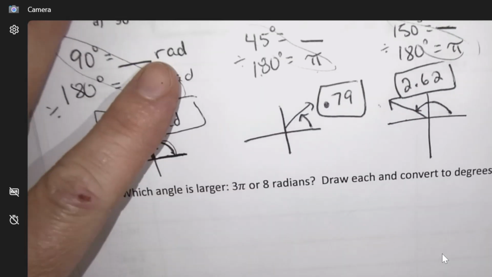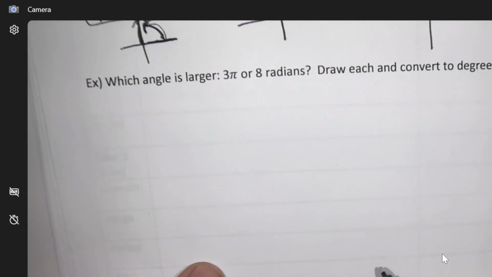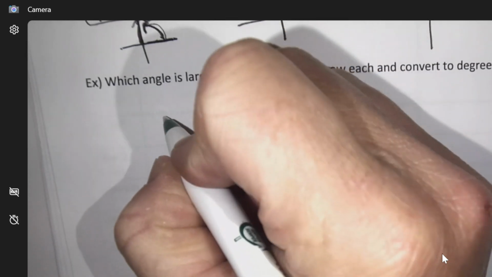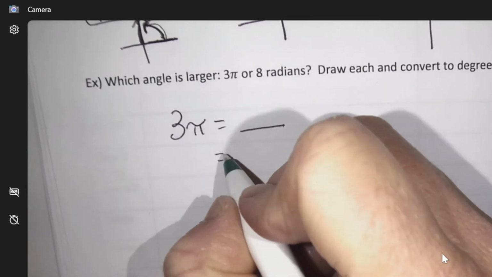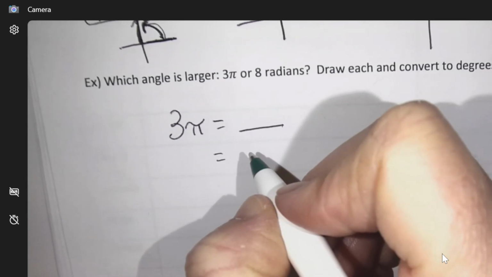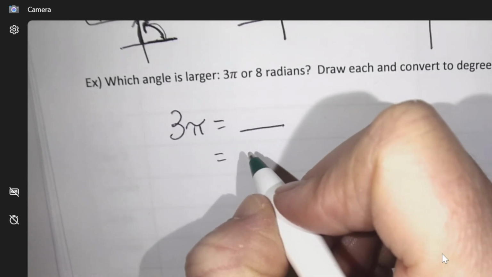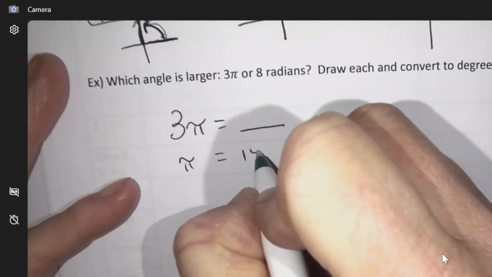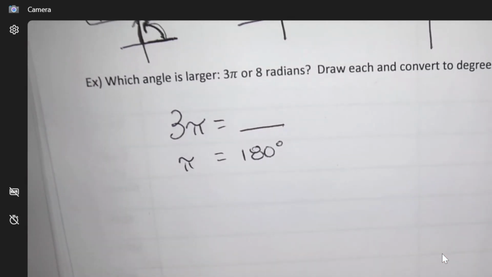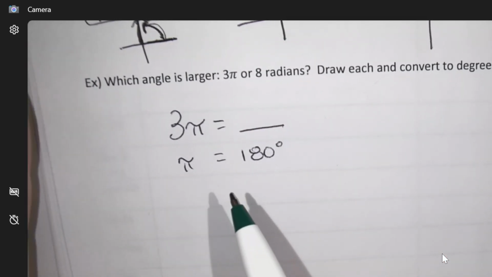Okay, which one is larger, 3 pi or 8 radians? Okay, so convert to degrees. So this time I'm going to go 3 pi equals what? Now I'm going to write this differently because you have to line up. So now I'm going to go 1 pi equals 180. Do you see how I changed it?